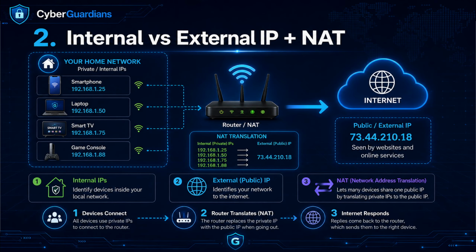A simple way to explain NAT is basically this. Inside your home, each device has its own internal address. But outside your home, your router represents the network with a public address. When traffic comes back from the internet, NAT helps the router know which internal device should receive that response.